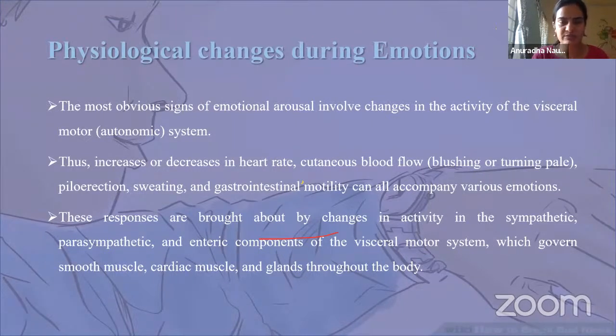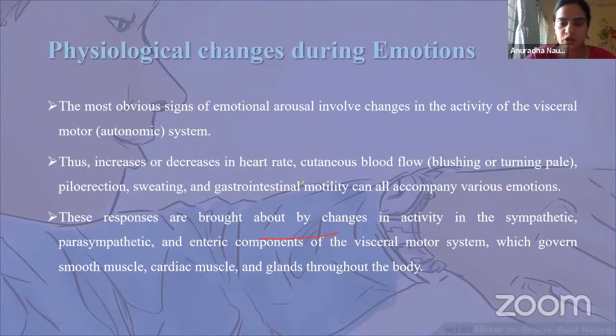The sympathetic is the fight or flight response, which means increase in heart rate, dry mouth, increase in blood pressure. So the autonomic nervous system regulates our emotional activity. Increase or decrease in heart rate, cutaneous blood flow, piloerection, sweating, and gastrointestinal motility can accompany various emotions.